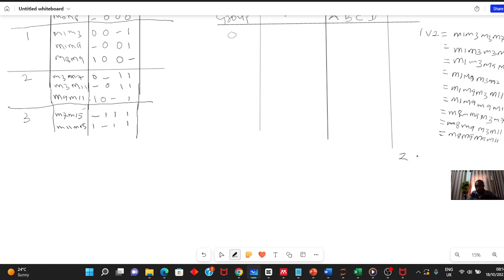So group 2 mapping group 3, we have M3, M7 with M7, M15.